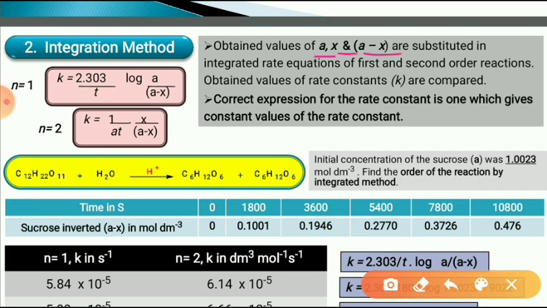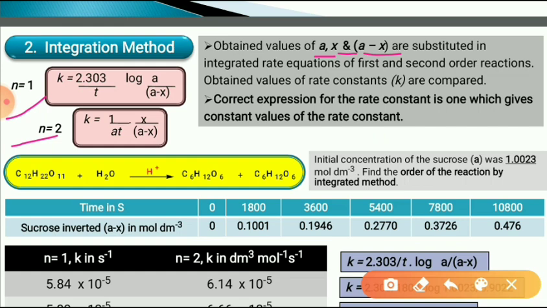They are substituted in the integrated rate equations of first order and second order. The two integrated rate equations for second order and first order are given here.